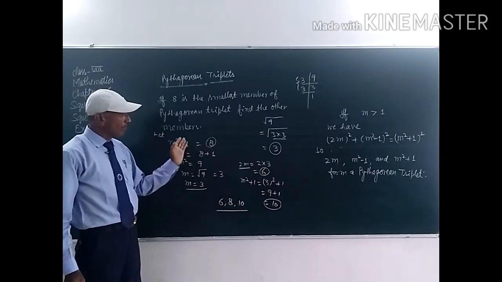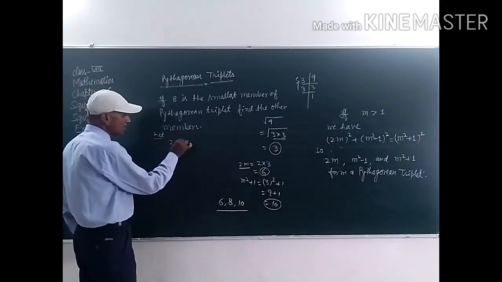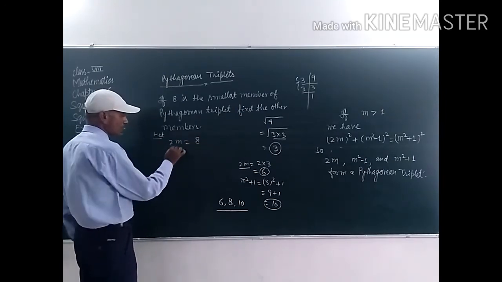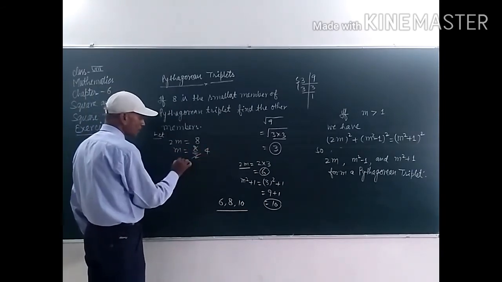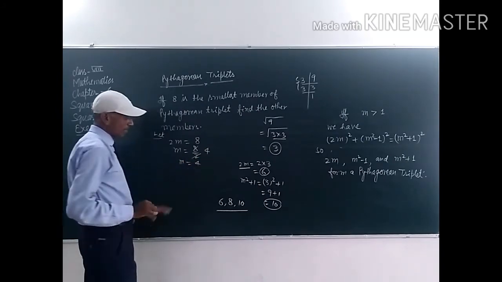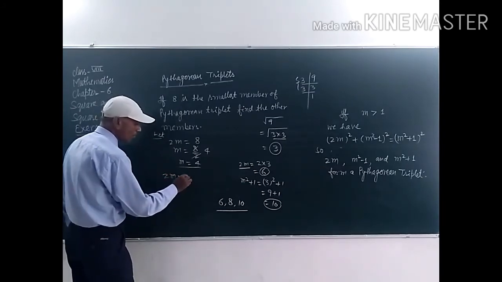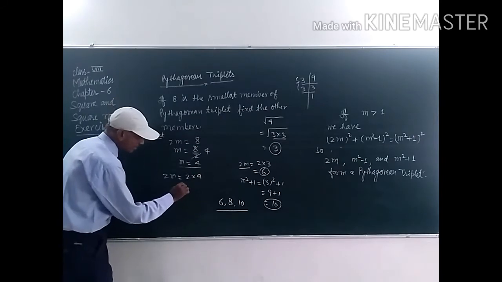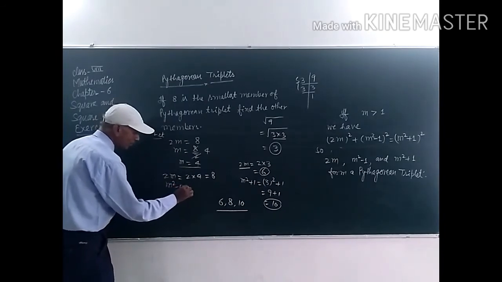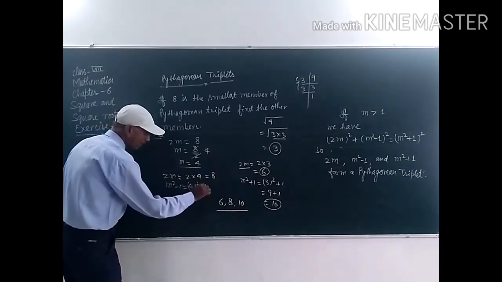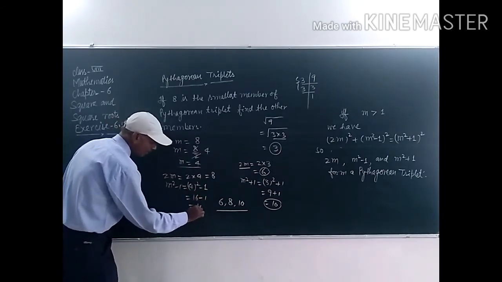Clear, students? Now we have to take 2m equal to 8. Let 2m be equal to 8. So m is equal to 8 by 2, that is 4. So m is equal to 4. Clear, students? Now 2m is equal to 2 into 4, that is 8. m squared minus 1 is equal to 4 squared minus 1. 4 squared means 16, minus 1 is 15.